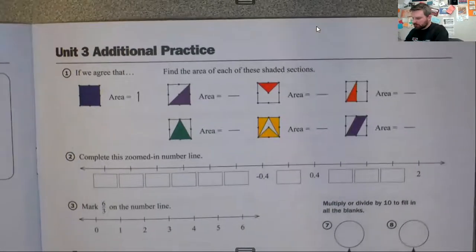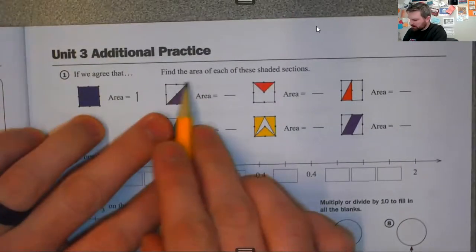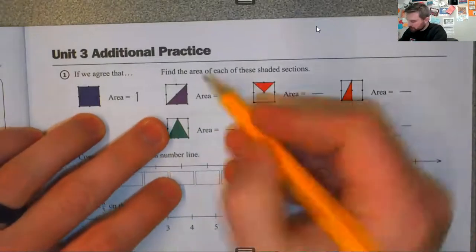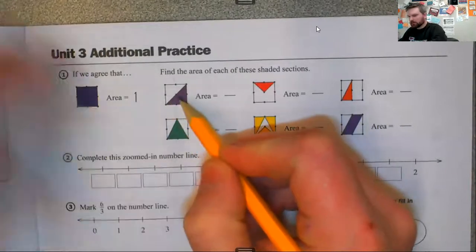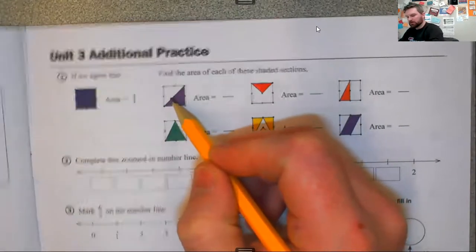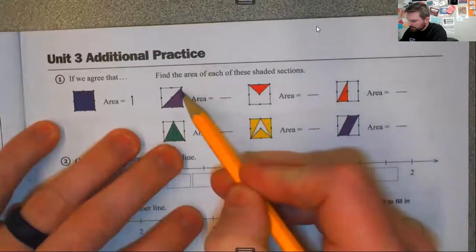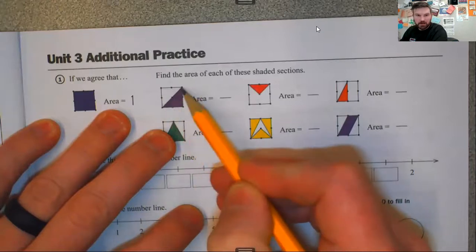Okay, so number one, if we agree that this area is 1, find the area of these shaded sections. Here you could count the little squares or triangles if you would like. Or you could note that this triangle could be repeated over here, and it is similar.